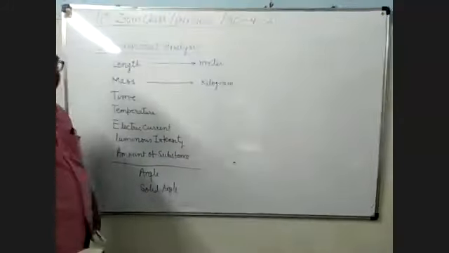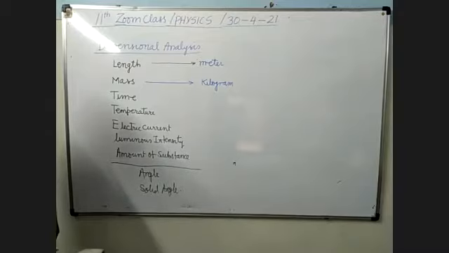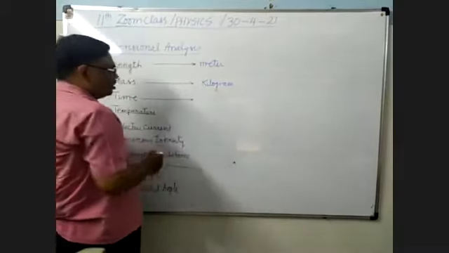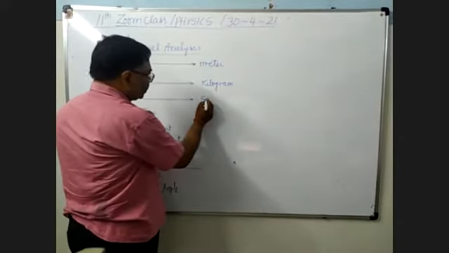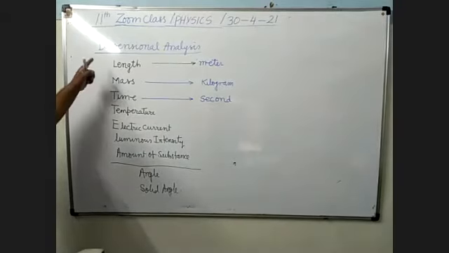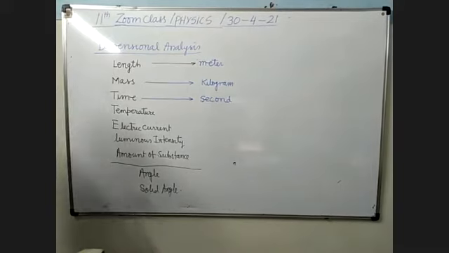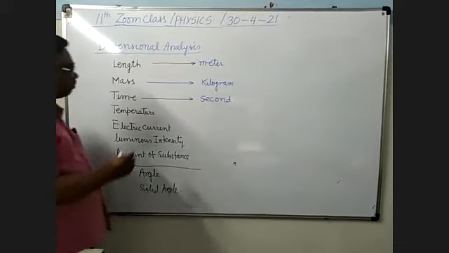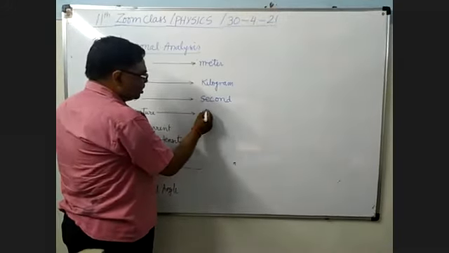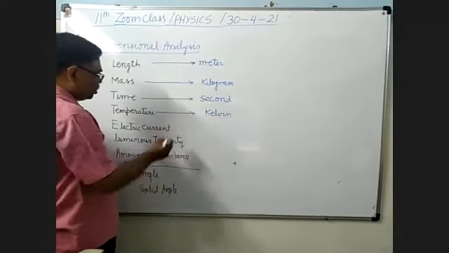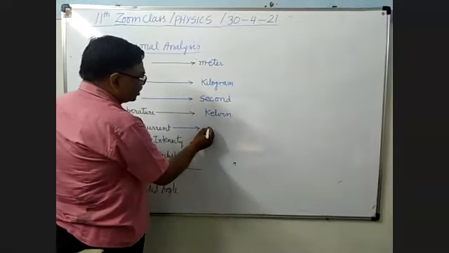Now all of you turn off your audio because it creates disturbance. Then time, second. There are various other units also of these quantities. But the SI unit is only this. Temperature, Kelvin. Electric current, ampere.